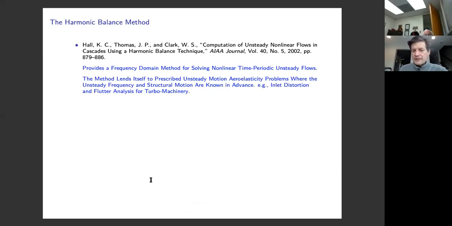When we originally developed it, it very much lent itself to turbomachinery problems, for example flutter analysis in turbomachinery, or inlet distortion analysis, because there you know the frequency. It's not an unknown.